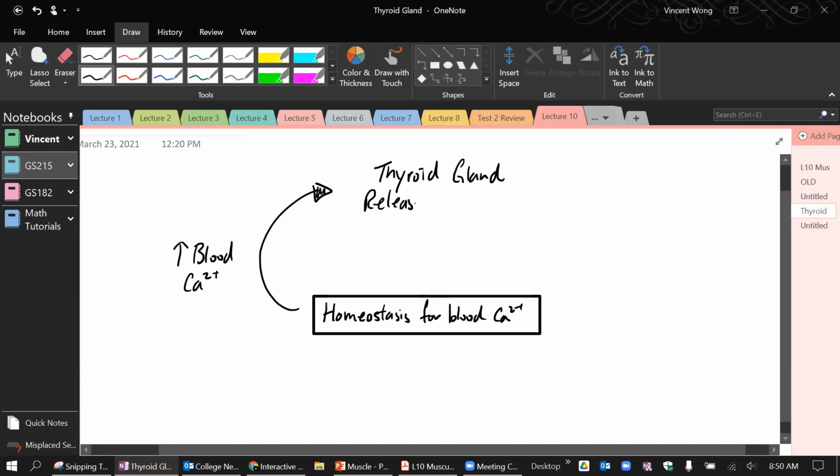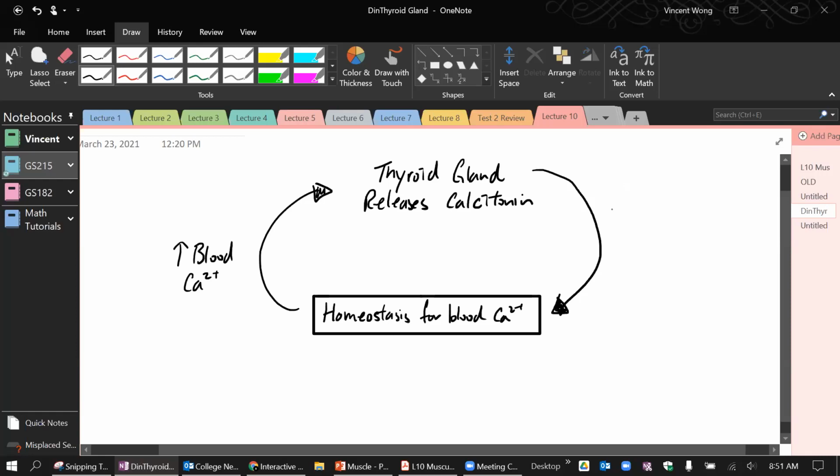The thyroid gland is close to your neck area, the throat area. And then calcitonin is going to bring the calcium level back down.